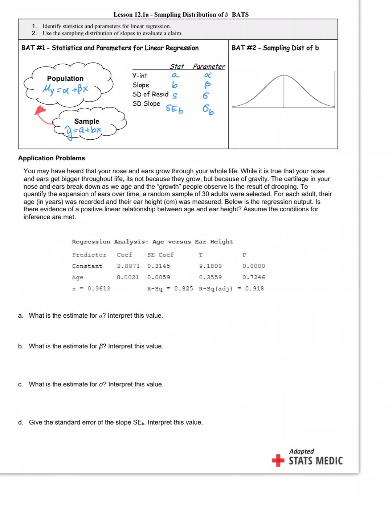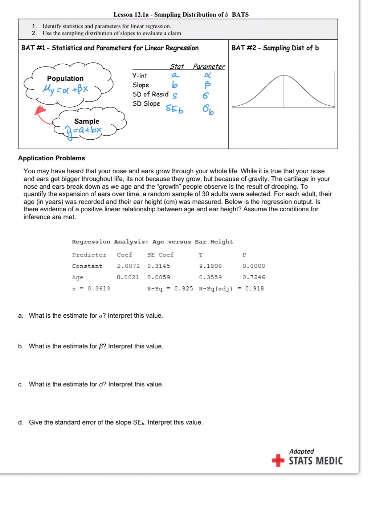You may have heard that your nose and ears grow throughout your whole life. While it is true that your nose and ears get bigger throughout your life, it's not because they grow, it's because of gravity. The cartilage in your nose and ears breaks down as we age, and the growth that people observe is the result of drooping. To quantify the expansion of ears over time, a random sample of 30 adults were selected.